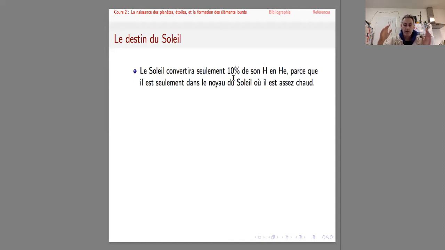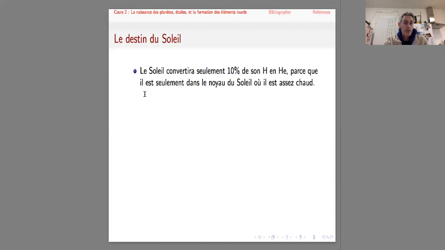It'll do this for about 10 billion years, and that's its life on the main sequence, and it will convert about 10% of its hydrogen into helium.